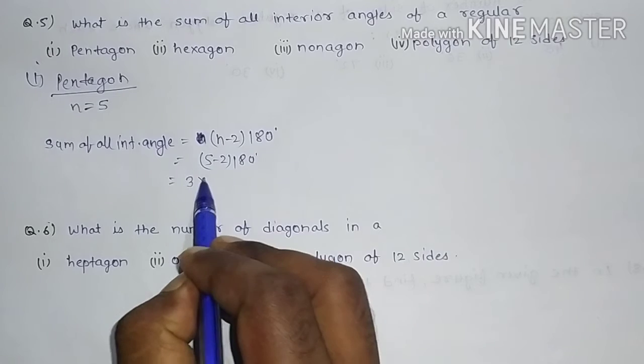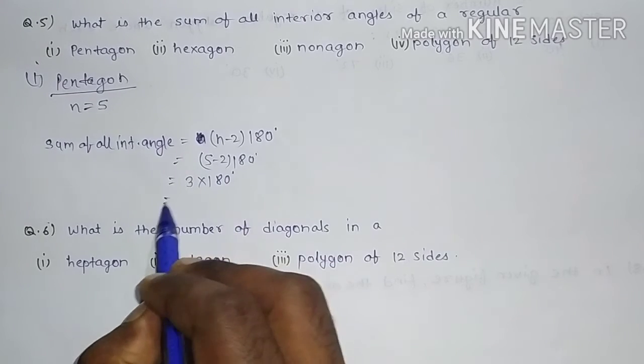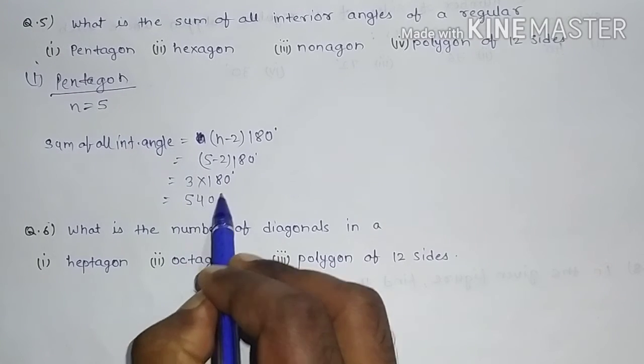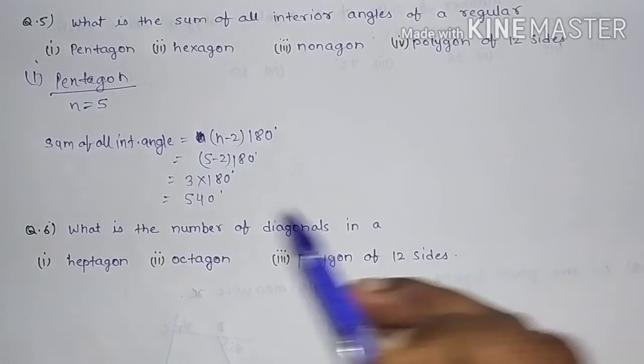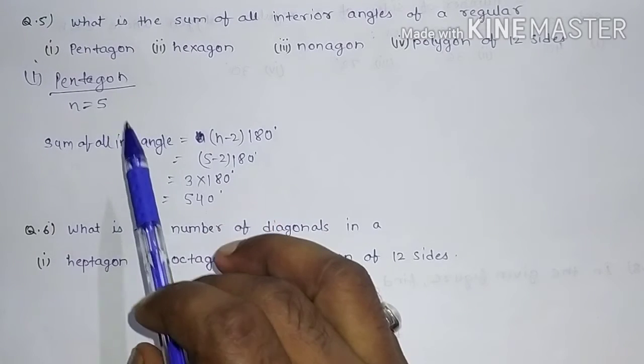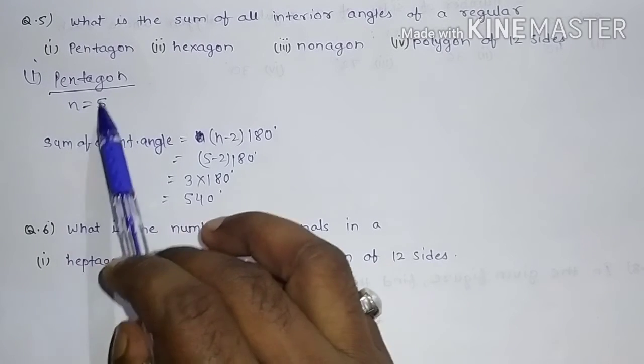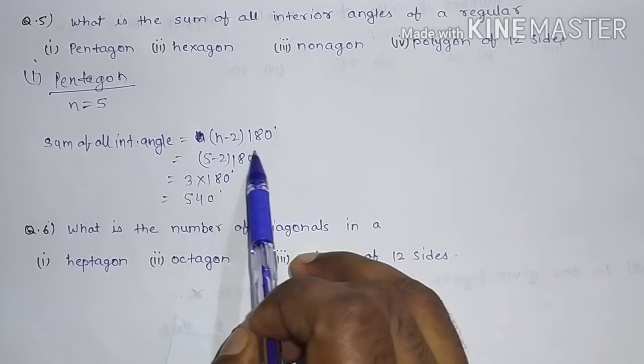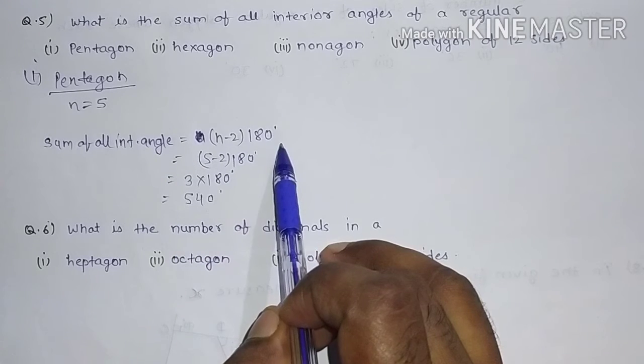This is 3 into 180, which equals 540 degrees. It's very simple: we simply put the value of n in this formula.